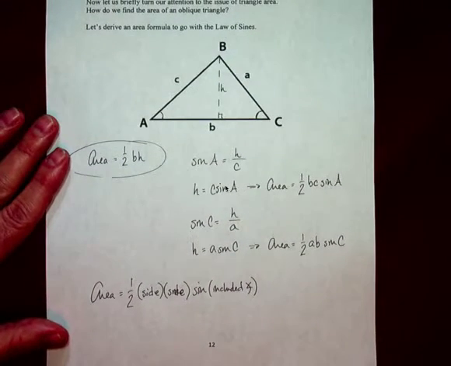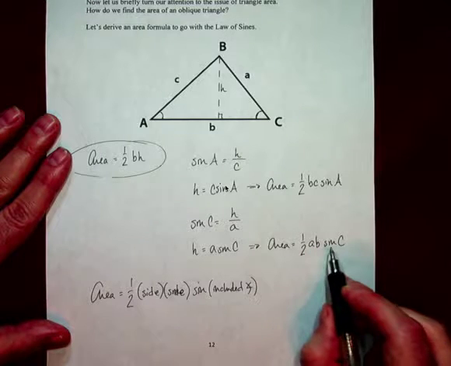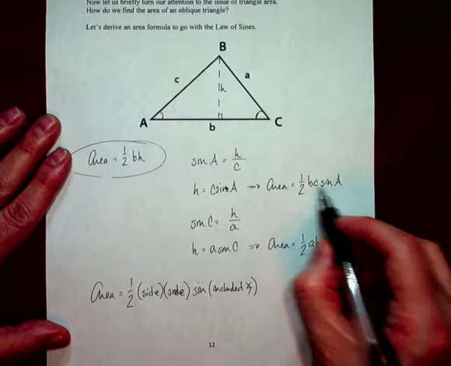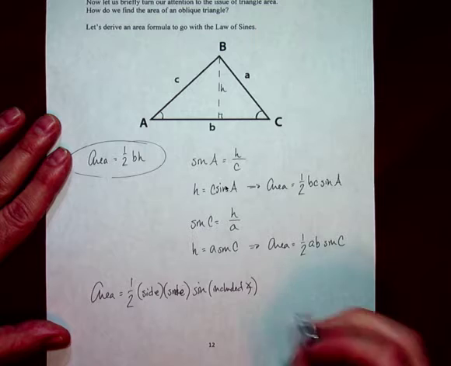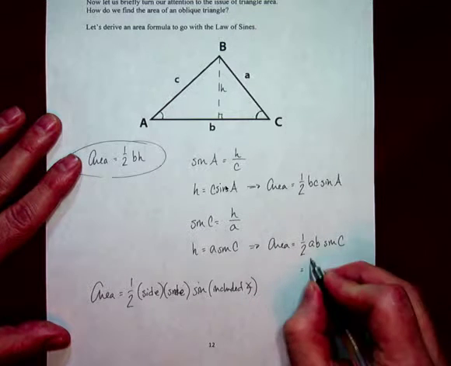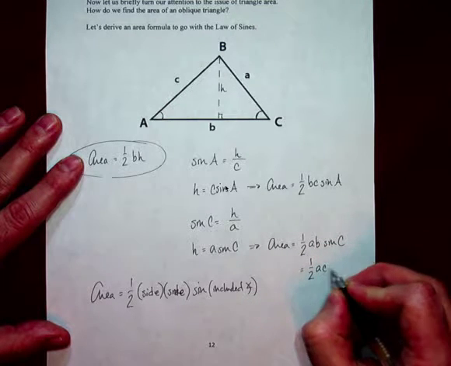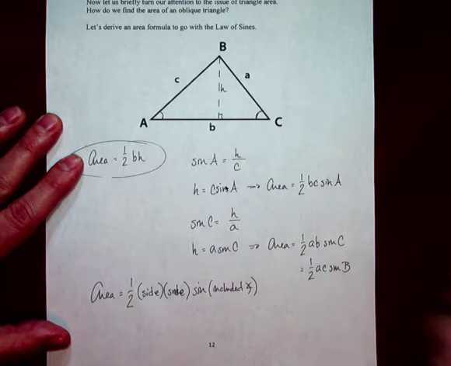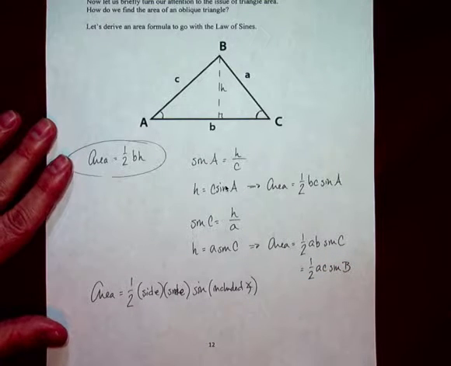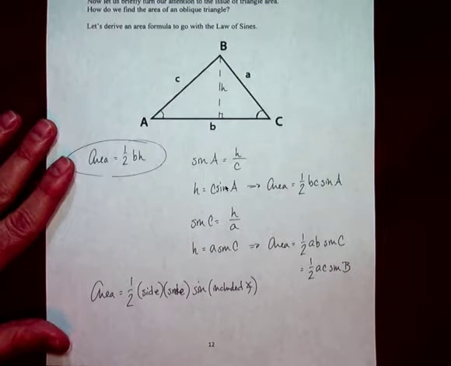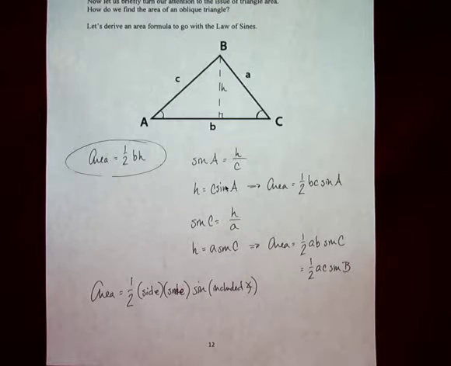So notice that it's AB sine C, BC sine A. The area is also going to be 1/2 AC sine B.